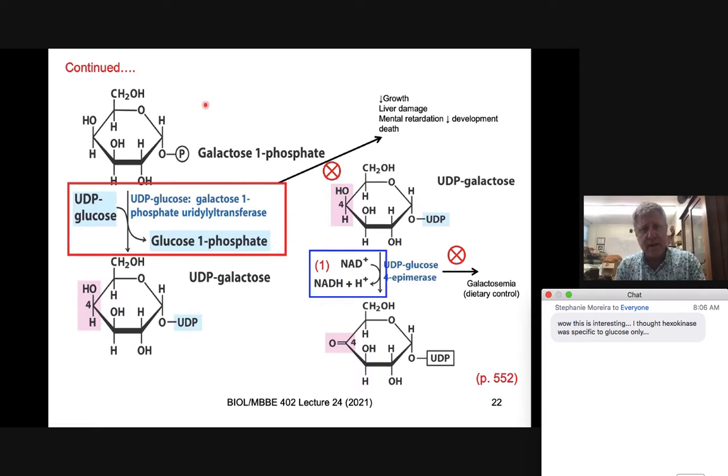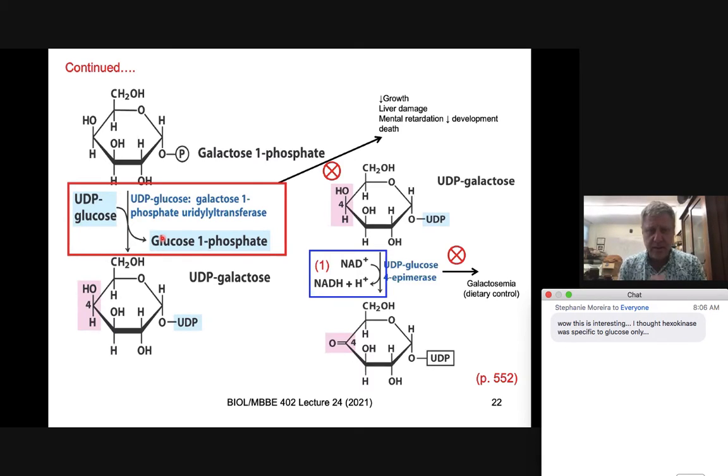Here we have galactose 1-phosphate being present, and this primed UDP glucose, this uridine diphosphate glucose, giving this UDP transfer group, and allowing us to produce glucose 1-phosphate. That glucose 1-phosphate can go through the various systems to produce glucose 6-phosphate, which then can go into the glycolytic pathway. But what we are ending up with is UDP galactose.